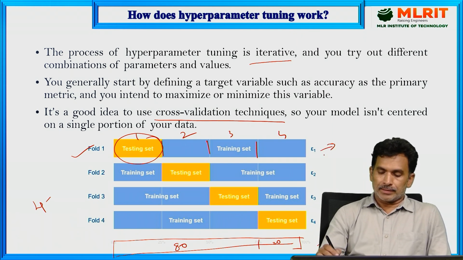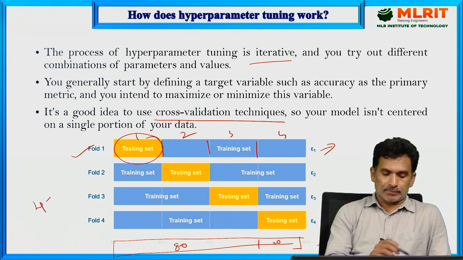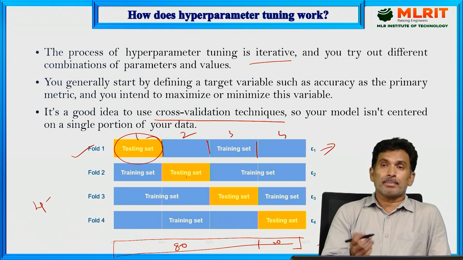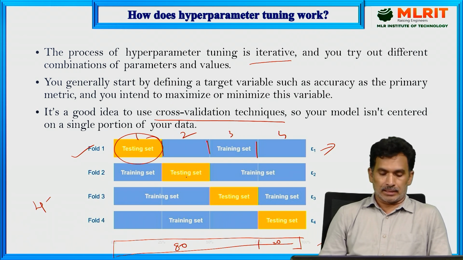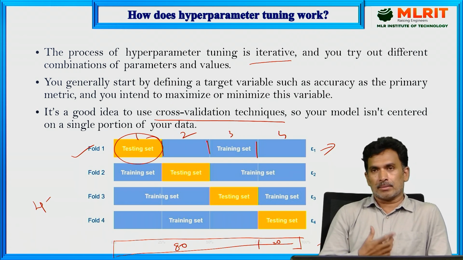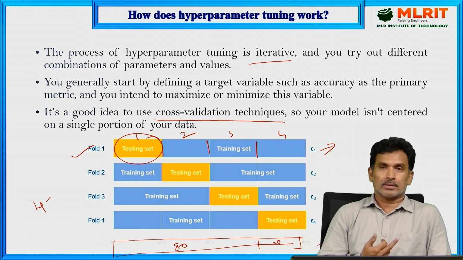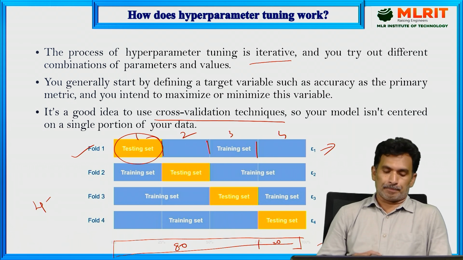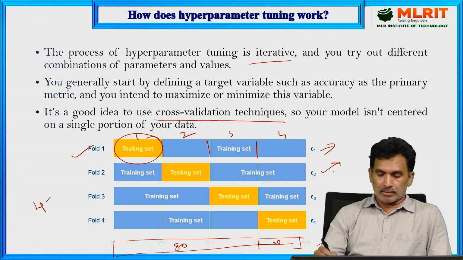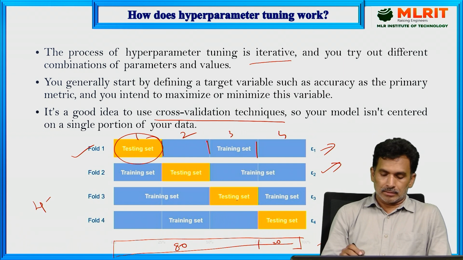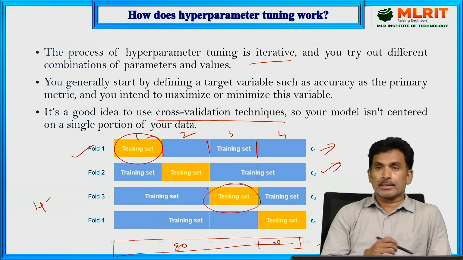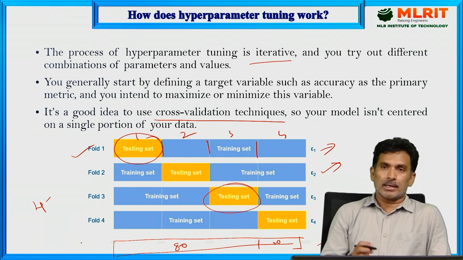Then we train the model. Next fold, we take another part of the data as a testing set, and the remaining portion of the data set is considered training. Then again we train the model, and similarly we take another part as testing and the remaining part as training.